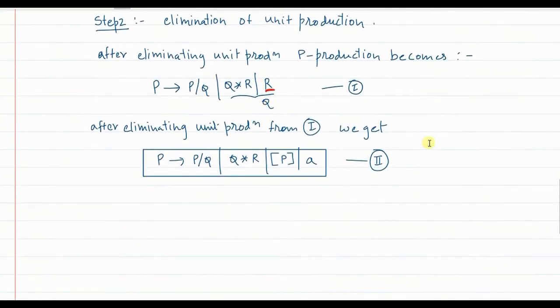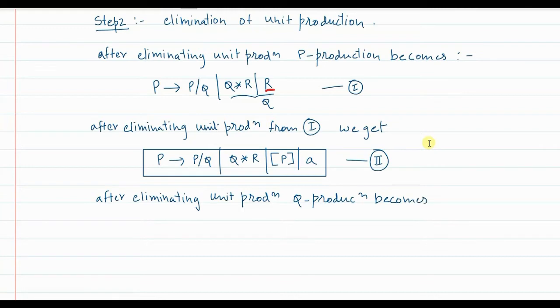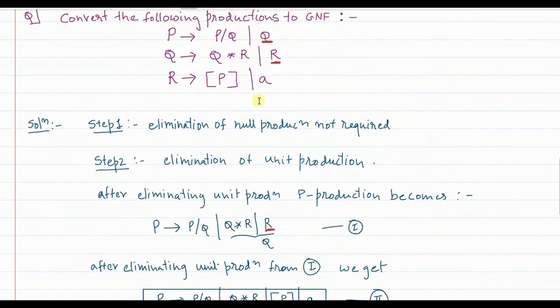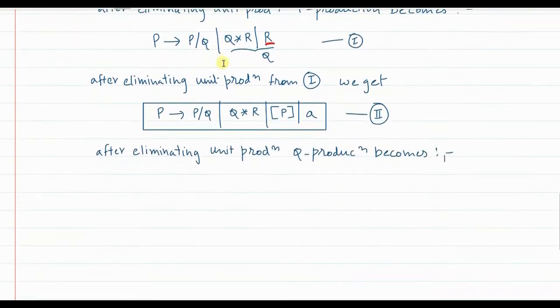So I can just say after eliminating unit production, okay, the Q production becomes now, so it is Q into R or R, then R will be replaced with the right hand side of R. So the Q production now will become Q into R.